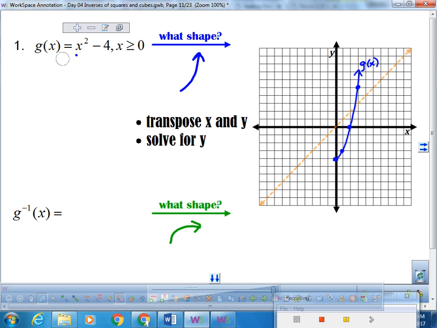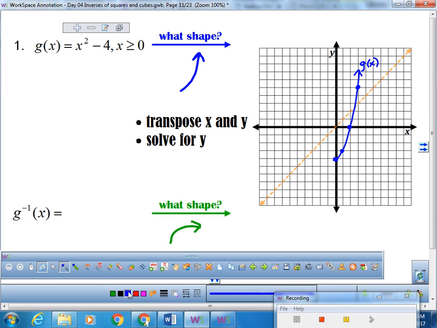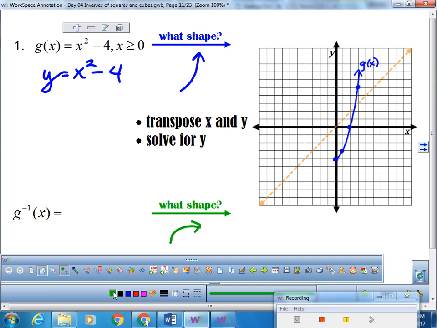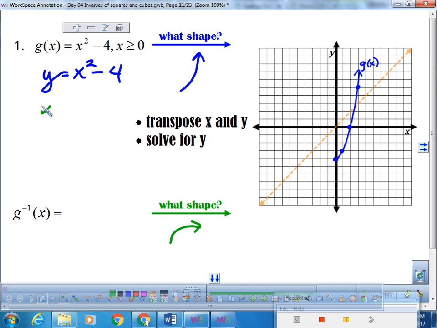I'm going to change my color. This is y equals x squared minus 4. If I switch x and y, I now have x equals y squared minus 4. How do I get y by itself?